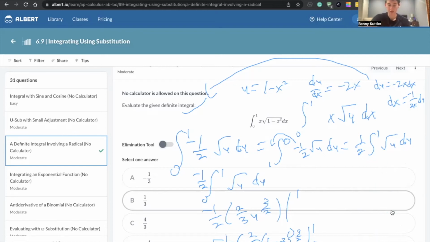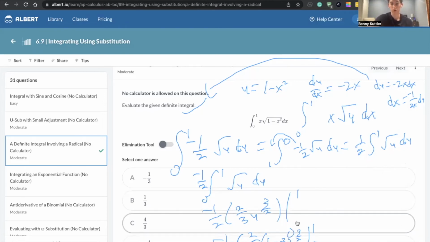And now if we evaluate this between 0 and 1, at 1, we get 1 minus 1 squared is 0 times everything is just 0. And then minus, if we evaluate it at 0, we get 1 minus 0 squared is 1.